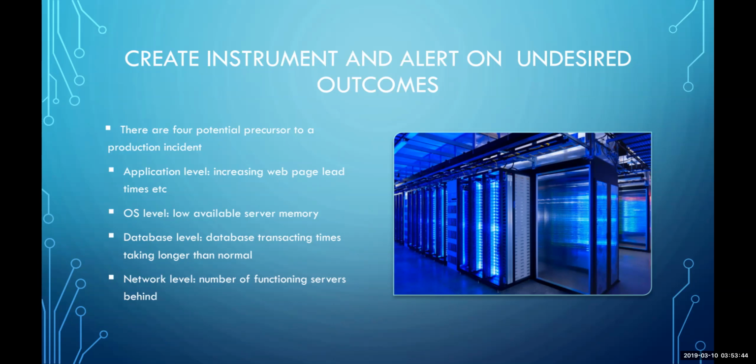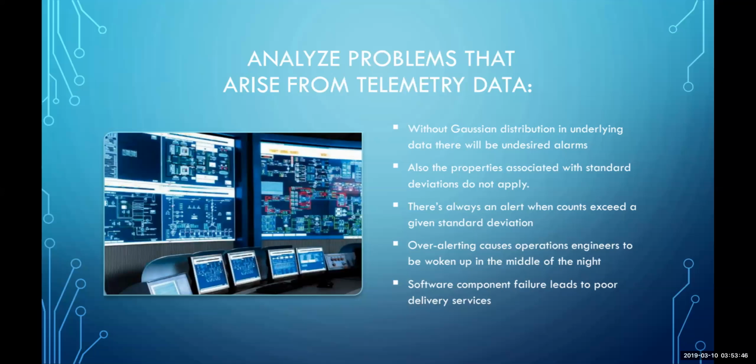We also spoke about analyzing problems that arise from telemetry data. In our discussion, we spoke about the problems that arise when our telemetry data has a non-Gaussian distribution, and we said that without a Gaussian distribution in the underlying data, there will be undesired alarms.